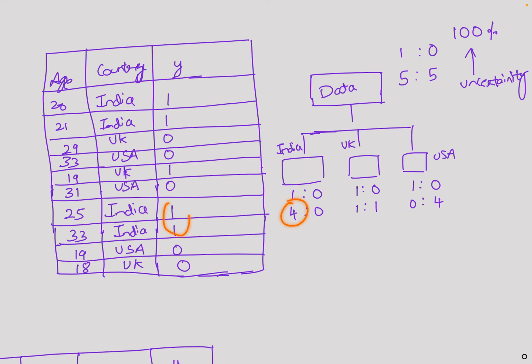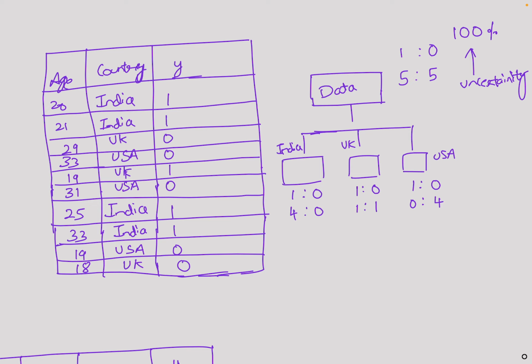Of these four records, all of them belong to class 1, and 0 records belong to class 0, which means I have 100% accuracy whenever I know that the data belongs to the country India. My probability has certainly increased to exactly 1 because all of the records I have belong to class 1.